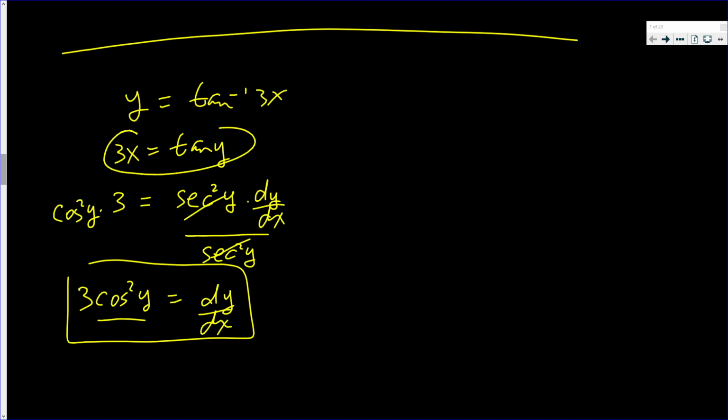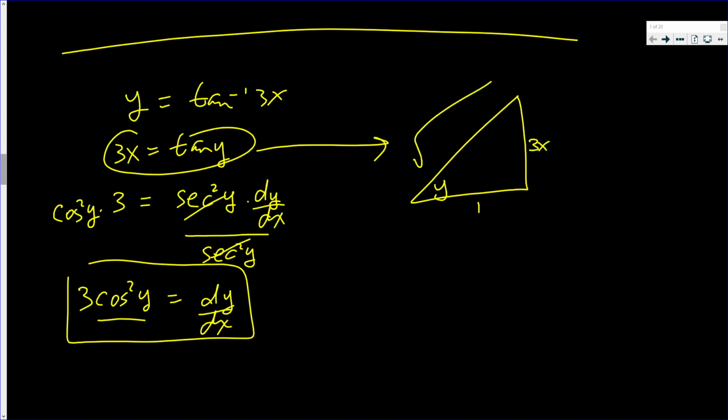And we use this here. The tangent of y is 3x over 1. This side is going to be that squared plus that squared, square root. So the cosine of y is 1 over that.